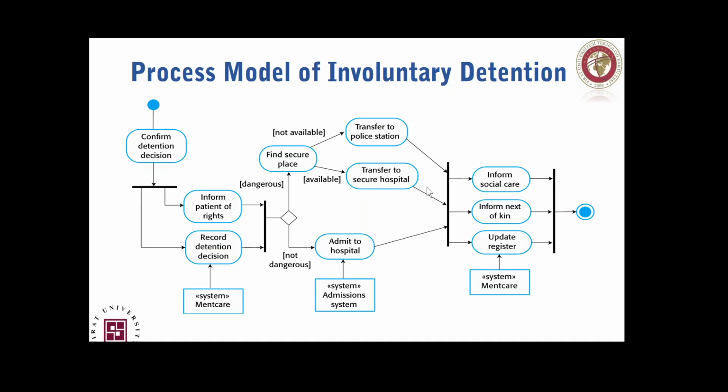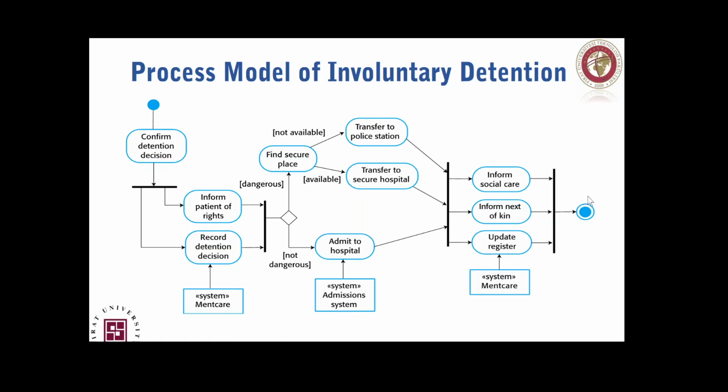Once those are done, and we need to achieve all of them as this kind of collector shows, we move to the next stage. We inform the social care, we inform the next of kin, and we update the register, and this is done by the system of manned care, similar to the initial one.